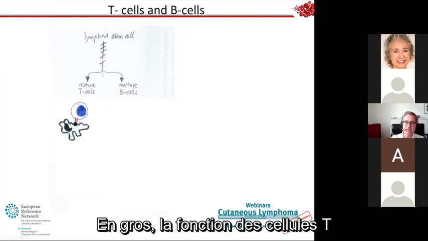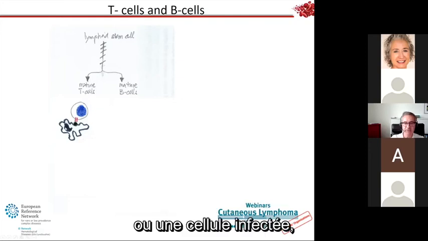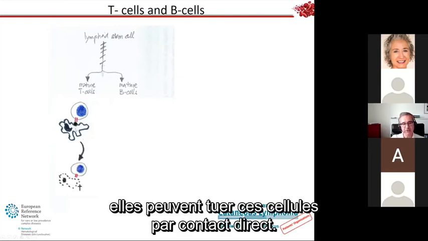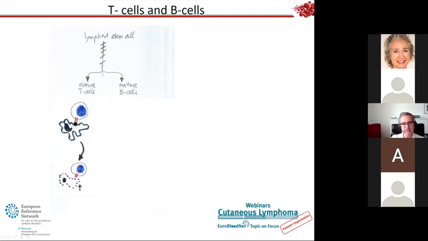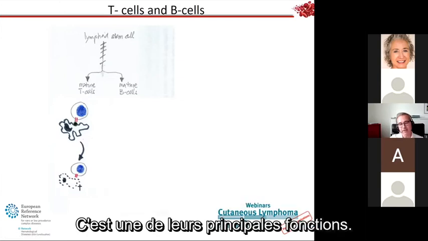And the T cells, their function is basically by direct contact to either a cancer cell or a virus-infected cell, they may, by direct contact, kill these cells. So T cells are direct contact killers. That's one of their main jobs.